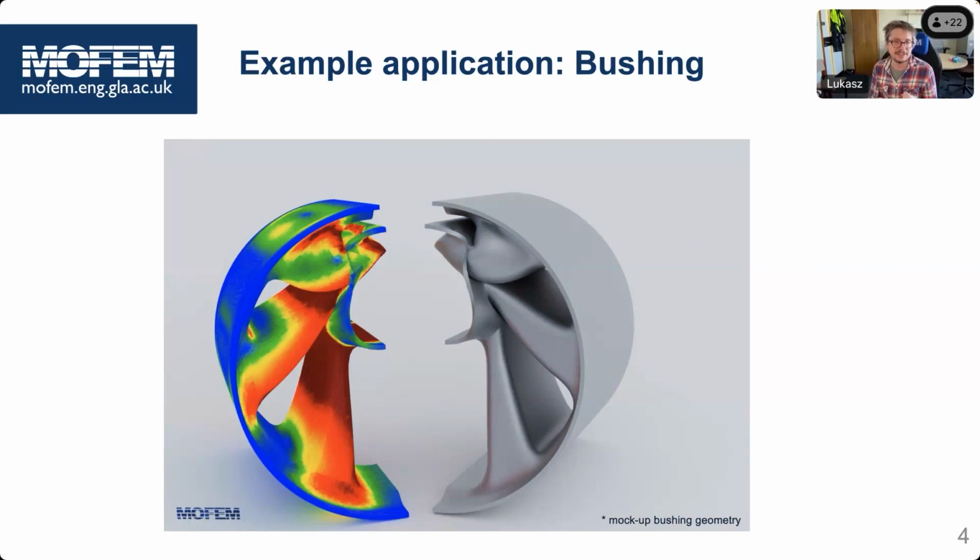You can see that with those two exponential maps we can model nearly incompressible rubber materials with large deformations, large stretches, self-contacts, and so on. I will show you how this all works together. So this is one application which we focus on with our industrial partners.